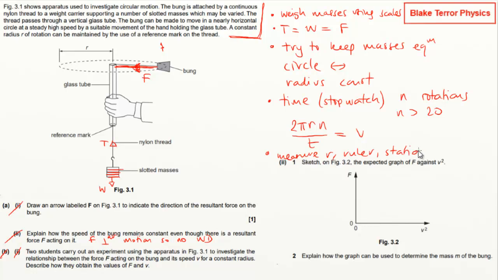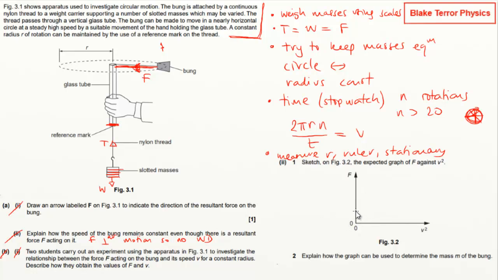We've got this reference mark that they have on there, that's what we're trying to maintain, which again, no one can really ever do. So yeah, it's a rubbish experiment. All the usual things are the things we're going to measure, what we're using to measure it, and then we need to do a lot of rotations here and average those out, because it's going to be very difficult to just do this off one rotation.